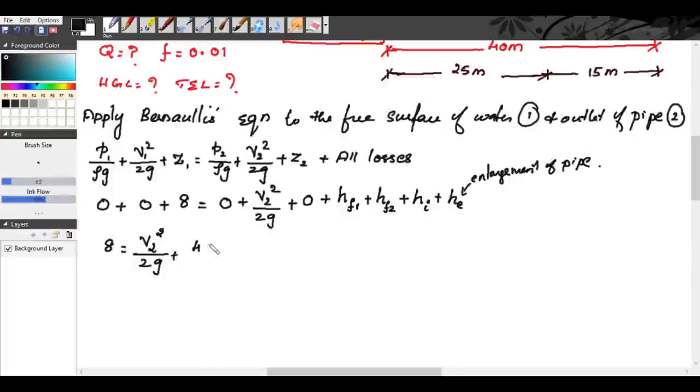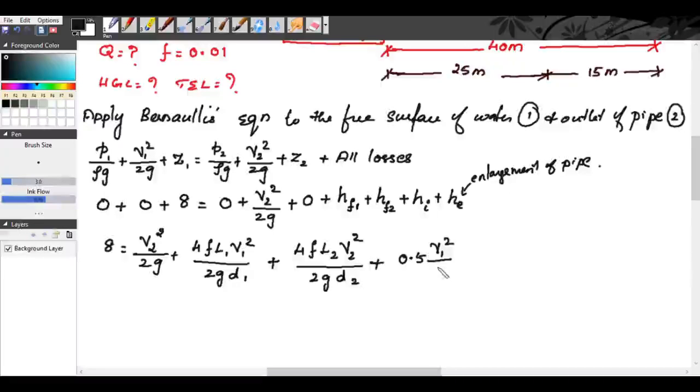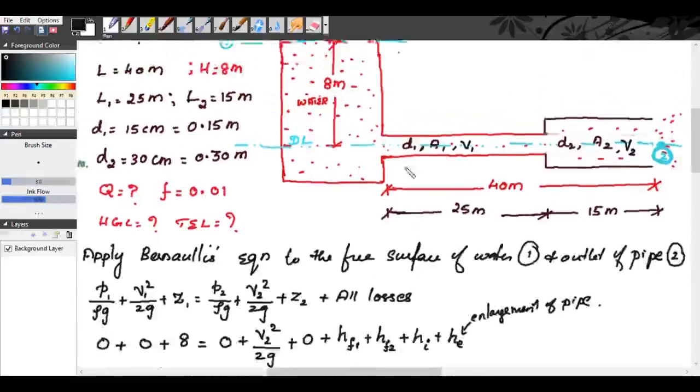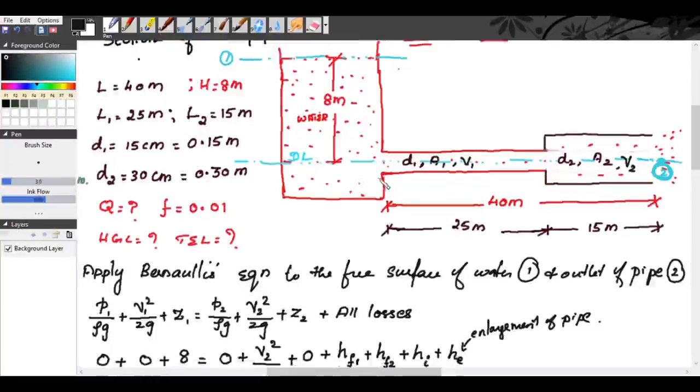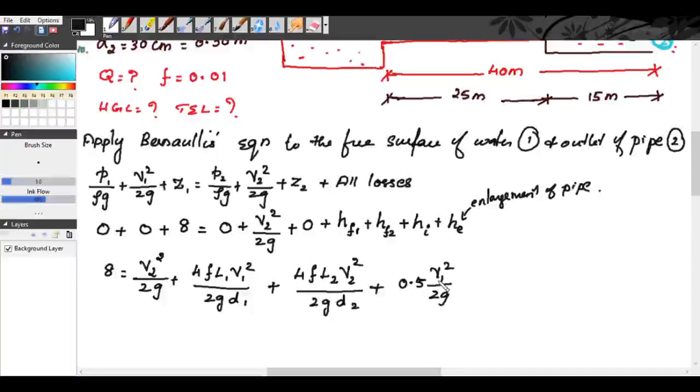HF1 is 4 f L1 V1 square by 2g D1, plus HF2 is 4 f L2 V2 square by 2g D2, plus HI, that is loss of head at entrance or inlet, is equal to 0.5 V1 square by 2g, at this point, inlet of pipe 1, and HE, that is the loss of head due to sudden enlargement, is, we know, V1 minus V2 the whole square by 2g.